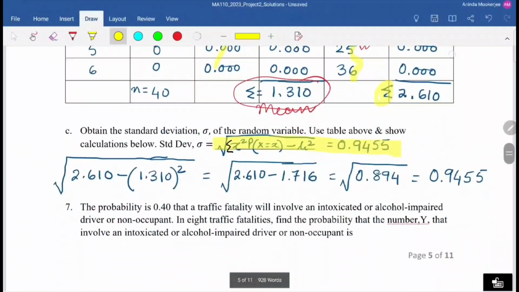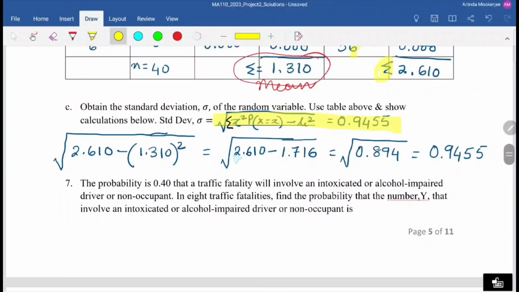All right, so now go to your question here, to the formula, and plug in the values. Sigma x squared times probability of x equals x is 2.610, and that's what I have here, 2.610 obtained by summing up the last column.